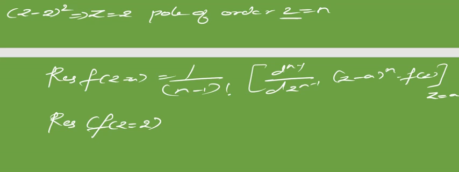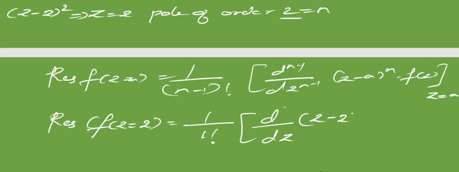Now substitute a as 2 and n as 2. So 2 minus 1 is 1, 1 factorial is 1 itself. d to the power 2 minus 1, so it's 1 derivative, d by dz, of (z minus 2) whole power 2, because a is nothing but the pole, n is nothing but the order, degree, into f of z.